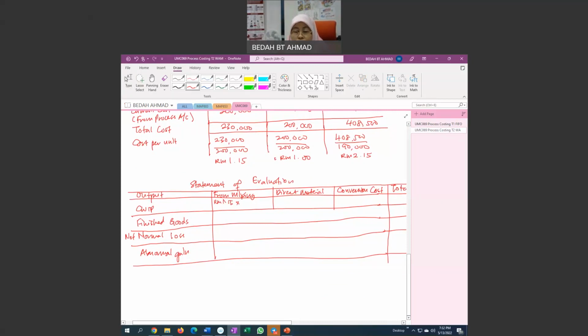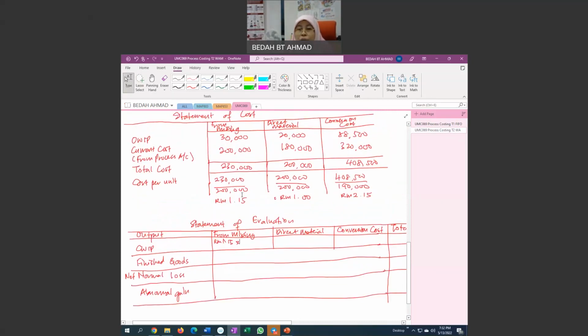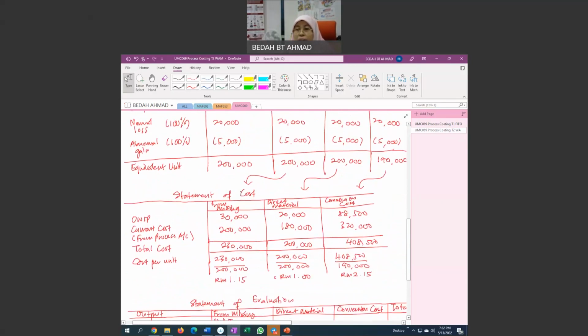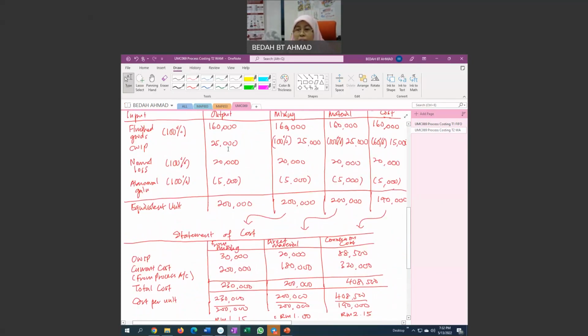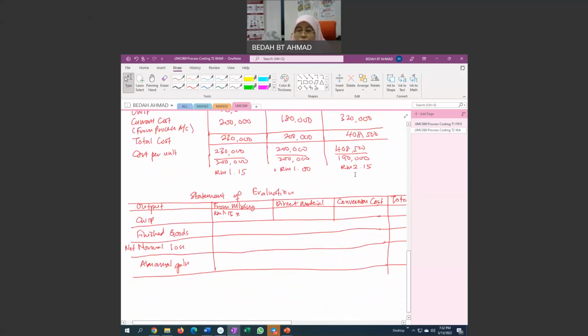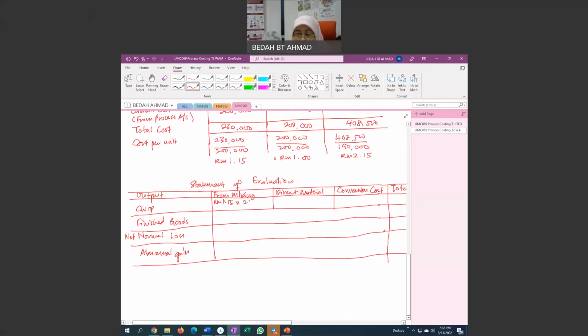The units from the mixing for the closing work in progress is 25,000. Mixing is 25,000, and conversion cost is 15,000. And conversion cost RM2.15 multiplied by 15,000.